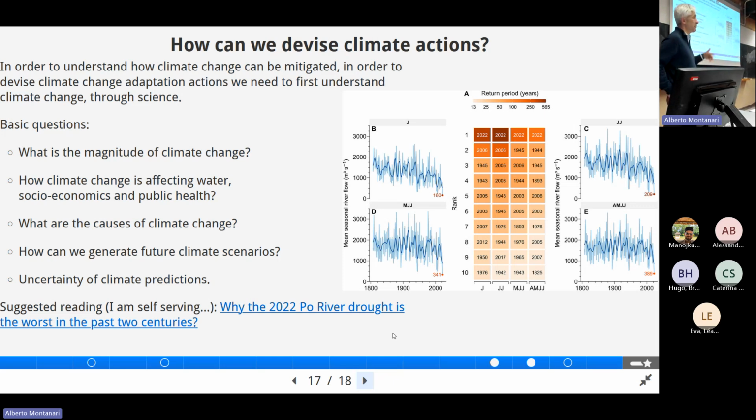This analysis is published in Science Advances, which is an expected and reputable international scientific journal. You can find this paper on Google, and it's open access. Almost everything is open today.